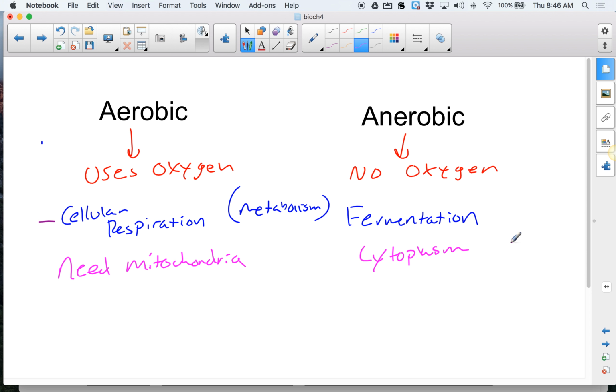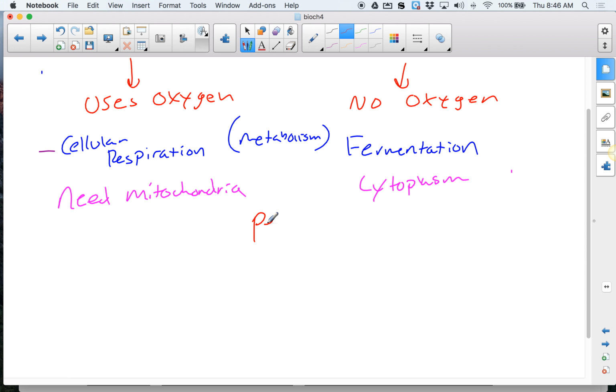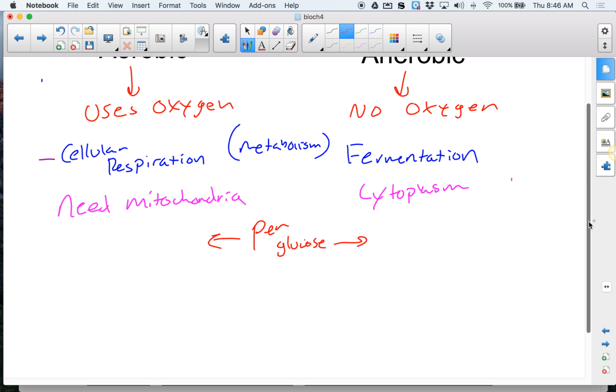Okay, and then the other thing we want to look at is how much energy is released. So we want to look at it basically in terms of us. So let's say right here, per glucose, aerobic cellular respiration frees up anywhere from 36 to 38 ATP.